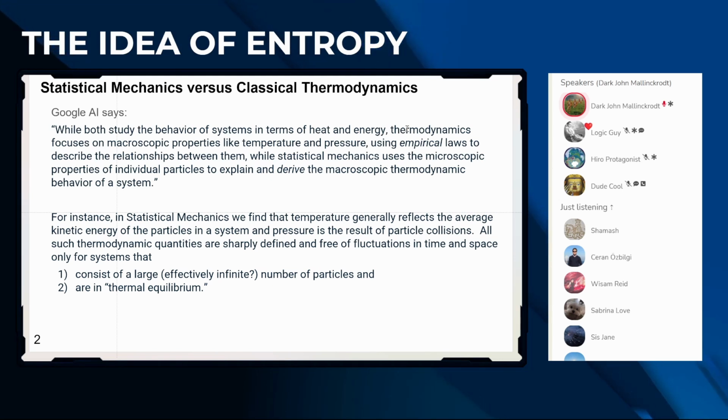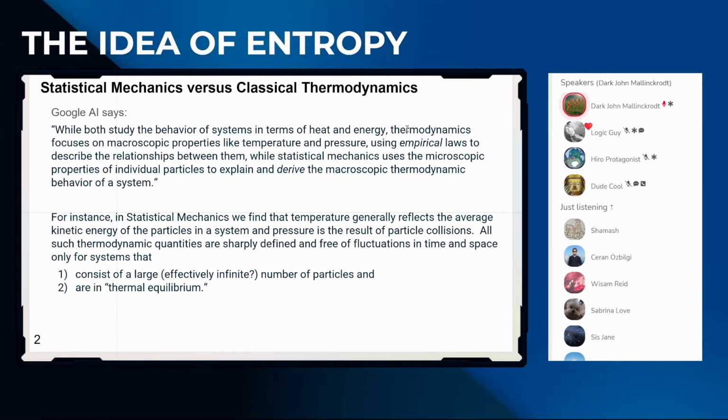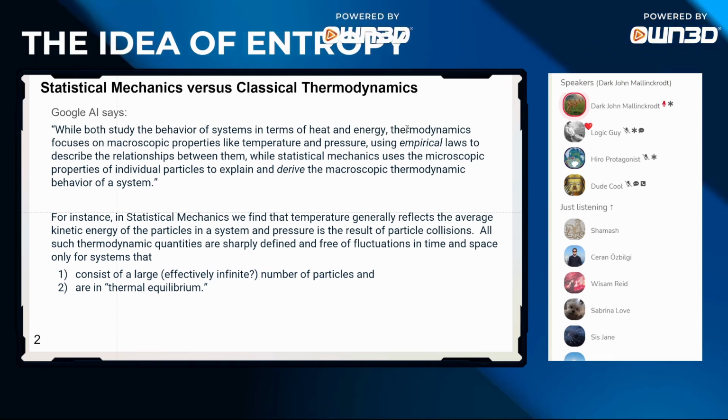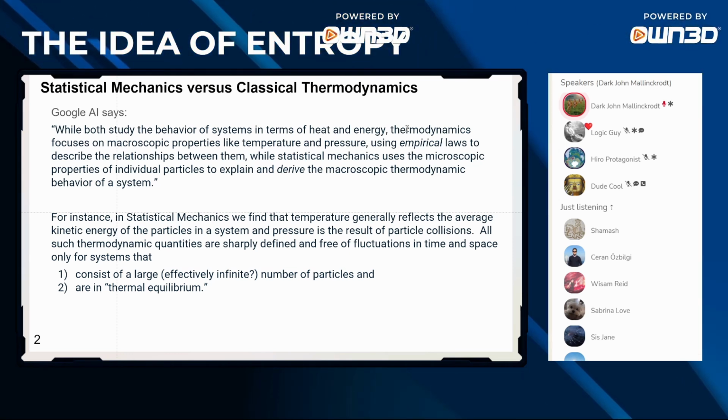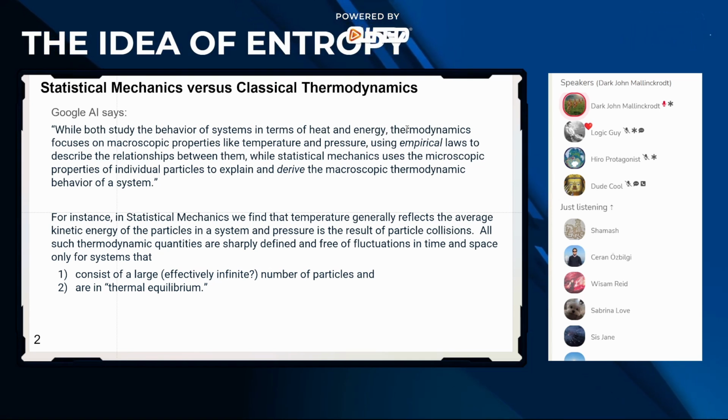So we make these observations, we come up with laws describing the relationships between them, while statistical mechanics uses the microscopic properties of individual particles, aka atoms perhaps, to explain and derive the macroscopic thermodynamic behavior of a system.